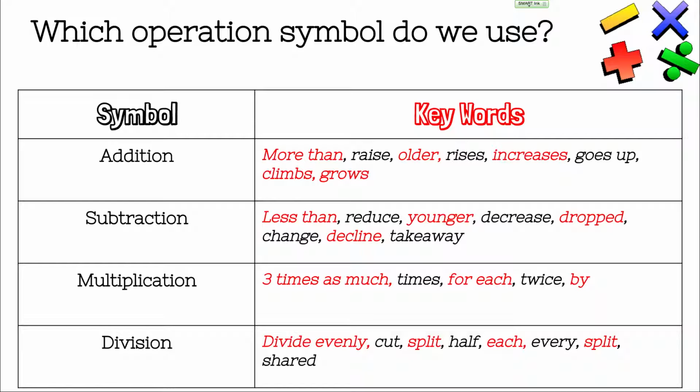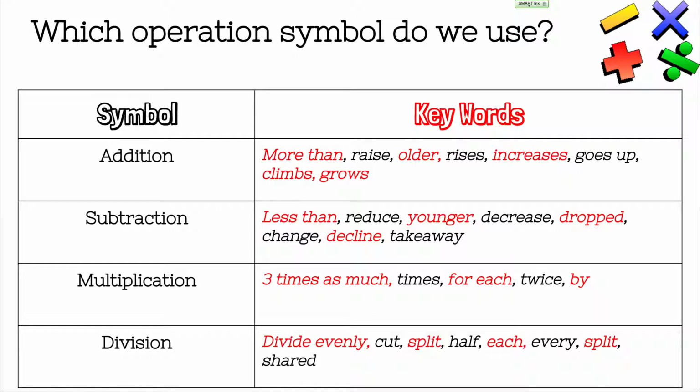So when you're thinking about addition, some of the keywords are more than, raise, older, rises, increases, goes up, climbs, and grows. Some of the keywords for subtraction are less than, reduce, younger, decrease, dropped, change, decline, or take away.